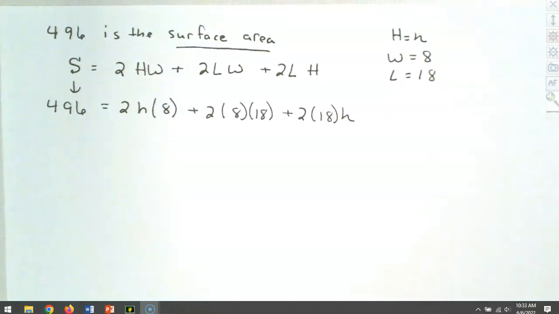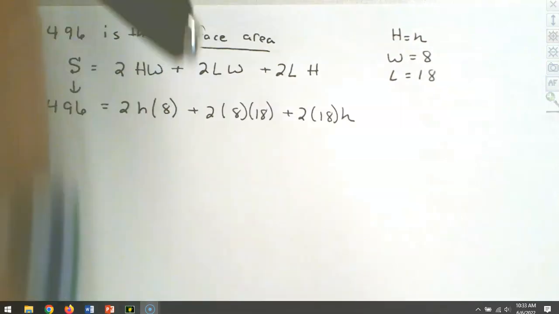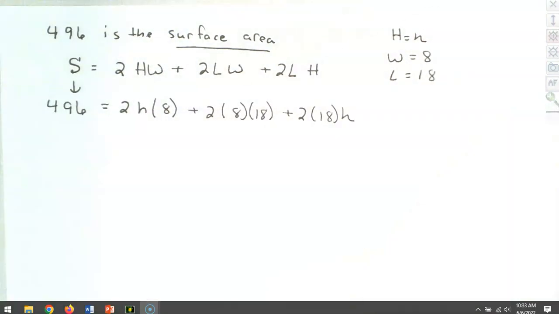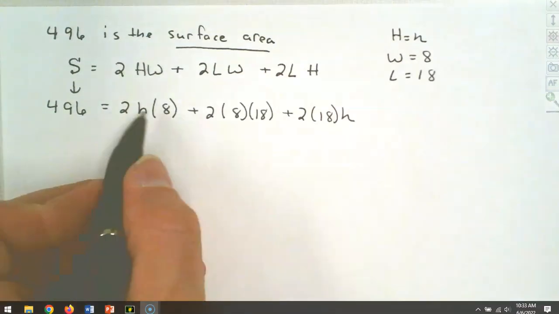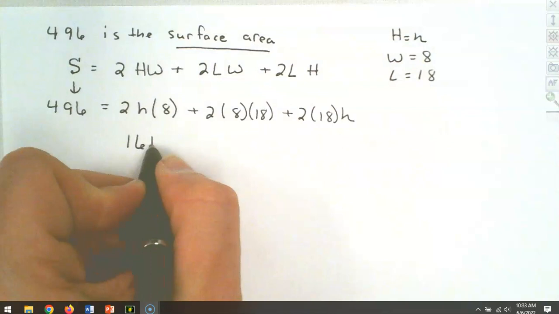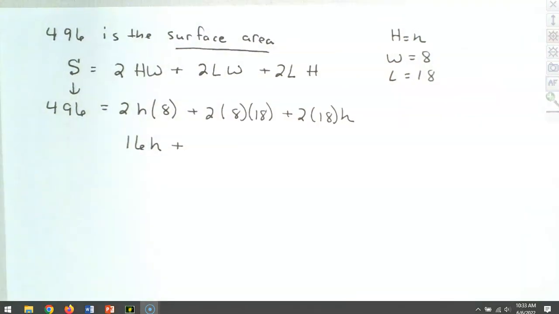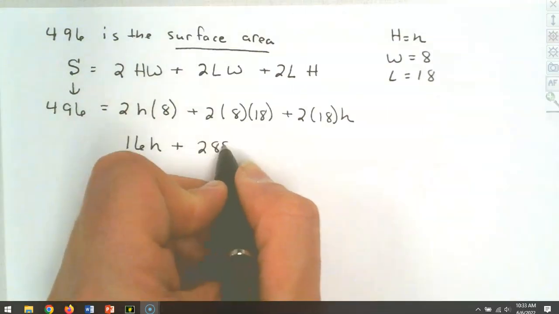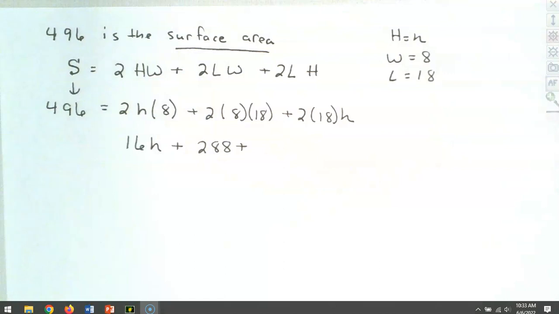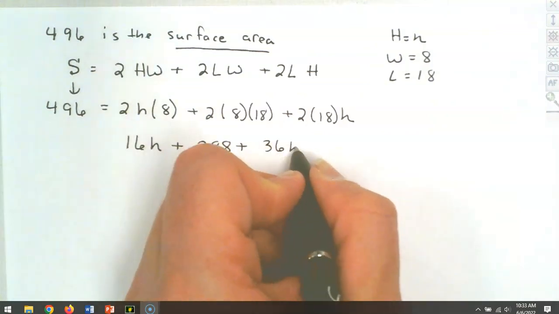Sorry about the mistake, but we learned from that. We realize you have to be very careful when you pick the formulas. And don't get into too much of a hurry. So let's go ahead and multiply. 2 times 8, that's 16h. We have 2 times 18 times 8. That's 288. And then we've got 2 times 18, which is then 36h.